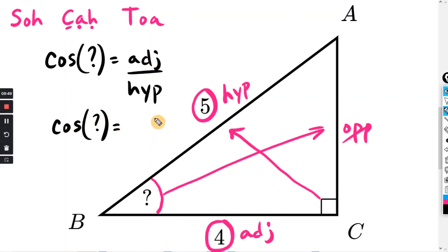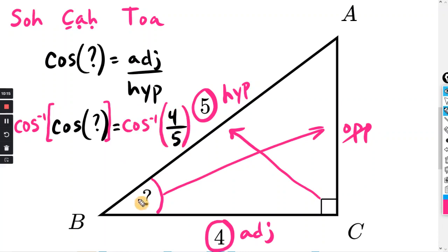Adjacent is 4, and hypotenuse is 5. Okay, the way to get rid of cosine is to do the inverse cosine on both sides. So you do the inverse cosine on both sides. Okay, on the left, inverse cosine and cosine drop out.